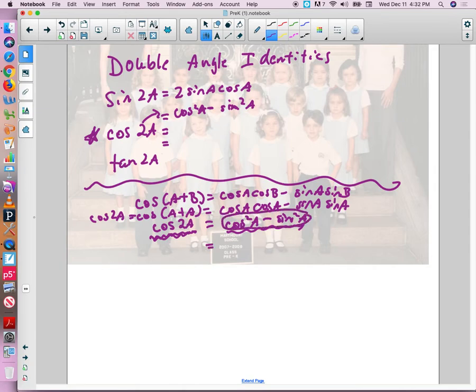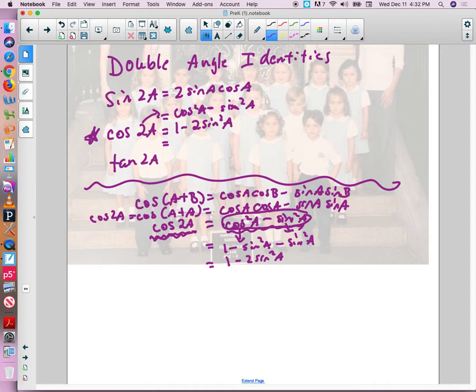So we really like to go ahead and change it. I can change cosine squared into 1 minus sine squared, and then bring this down. And that gives me 1 minus 2 sine squared. Use that one a lot in calculus.